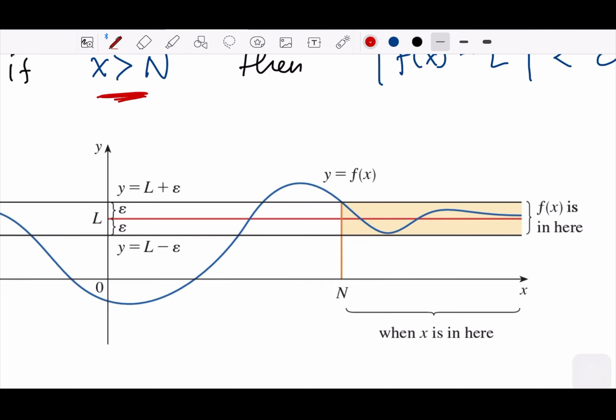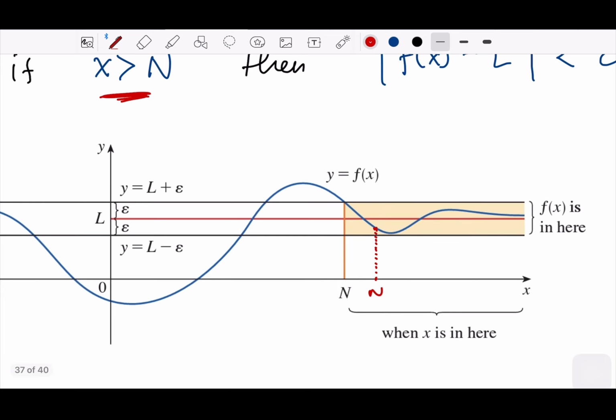So for example, we take N maybe here. If we take this as our L, it means that the range for epsilon is always between this distance here, either L plus epsilon or L minus epsilon. There is always a small distance epsilon between L and the function.